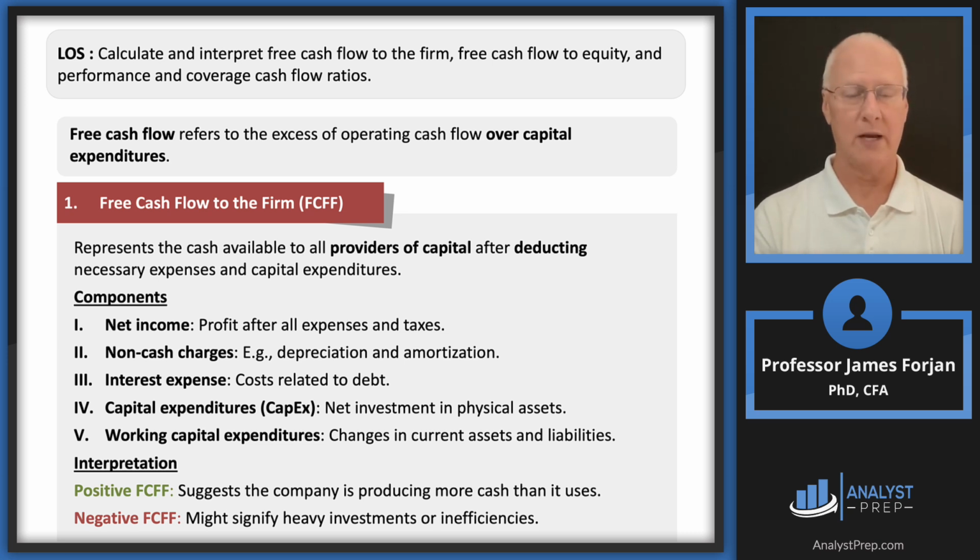It's the amount of cash remaining after all expenses have been paid. Then we introduce this concept of free cash flow. Now, here's my general definition. I think this is really important to remember. Free cash flow is, you ready for this? The amount of cash remaining after all expenses have been paid and all investments have been made.